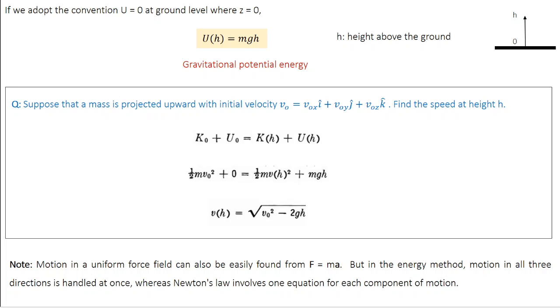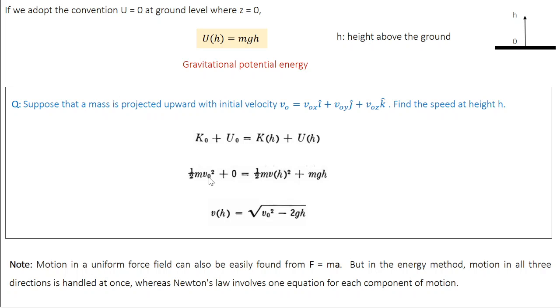Now, if you want to follow the energy method, we know that in the case of the gravitational force, which is a conservative force, the total energy is a constant. So if you take K0 and U0 as the initial kinetic and potential energies, and Kh and Uh are the kinetic and potential energies at height h, since the total mechanical energy is a constant, I can write K0 plus U0 equal to K of h plus U of h.